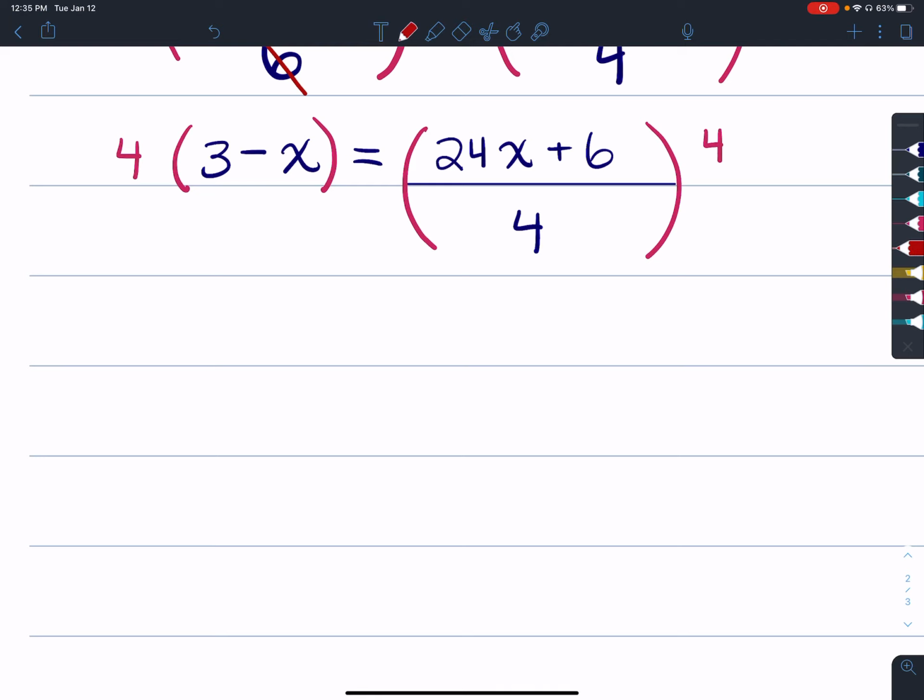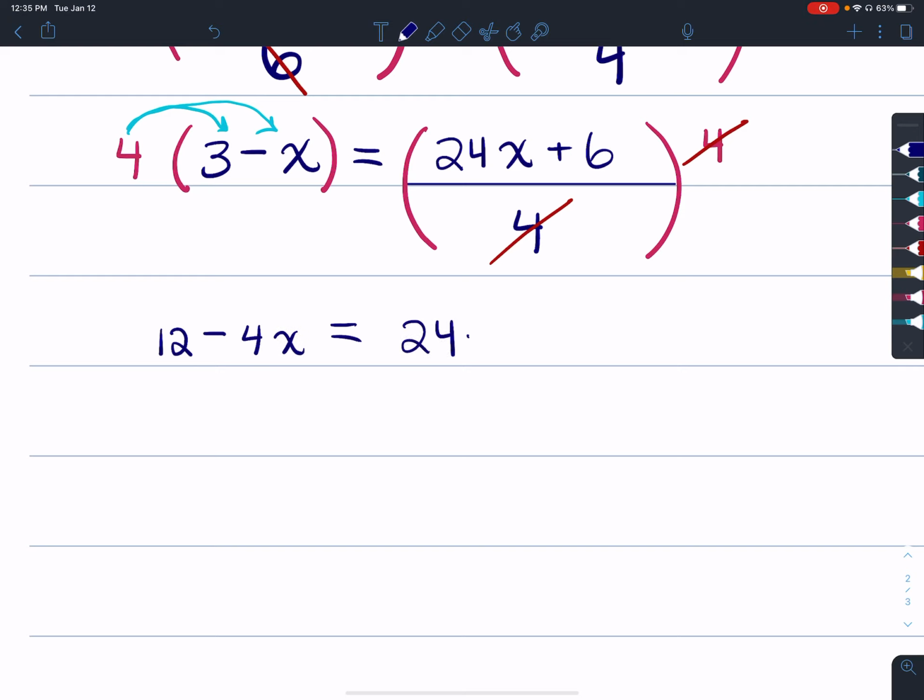On the right side, we're going to have this lovely canceling, so we don't have to do any math over there. On the left side, we have to do this distribution. Okay, so on the left side, we get 4 times 3 gives us 12, and then 4 times -1 gives us -4x equals 24x plus 6.